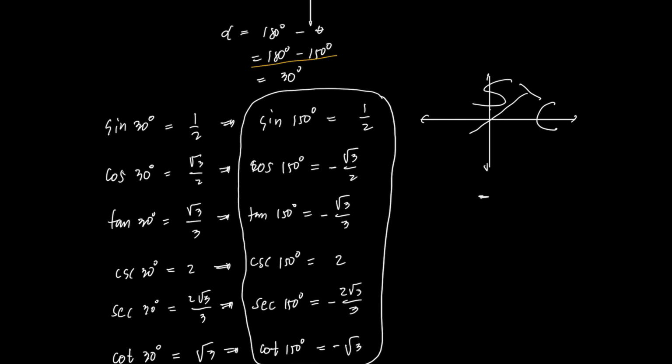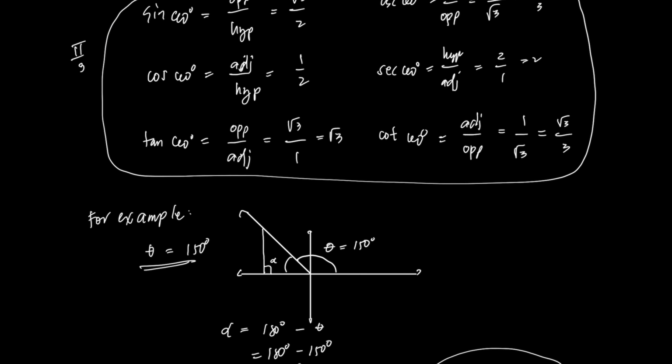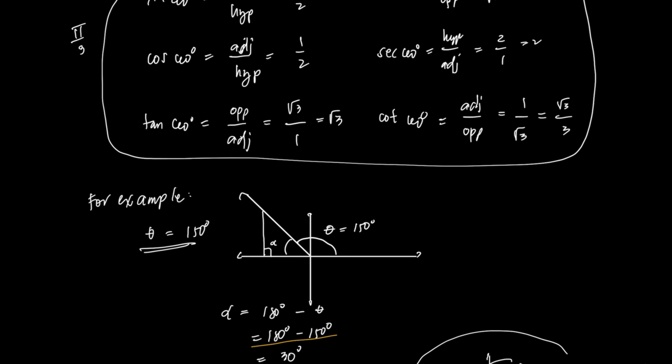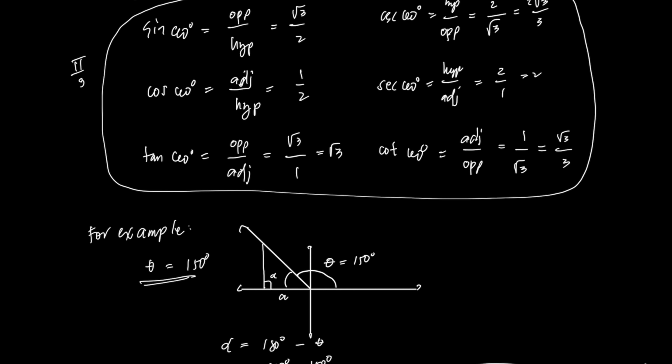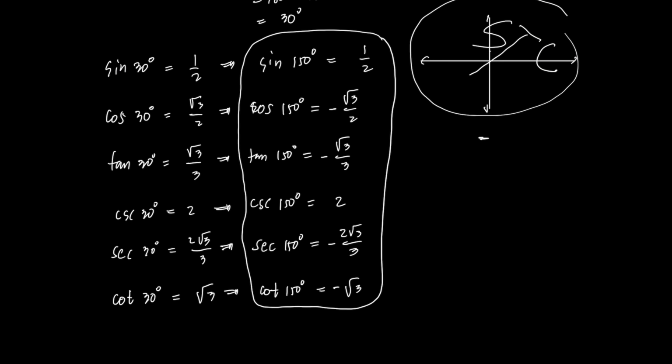Now, if you don't want to find the values using this concept here, using these values here, you can just create the reference triangle and then use the side for the A, the B, and the C. Okay, so you can just have the values of the 150 degrees.